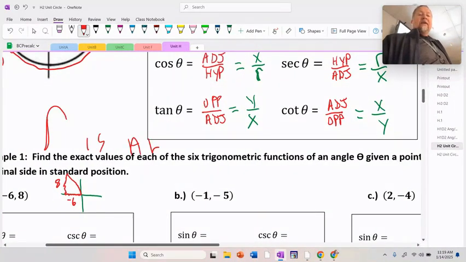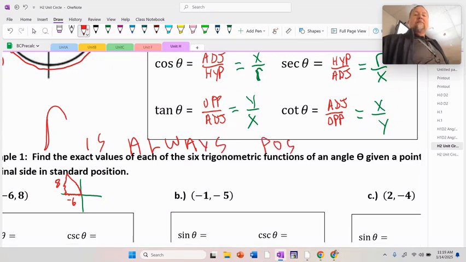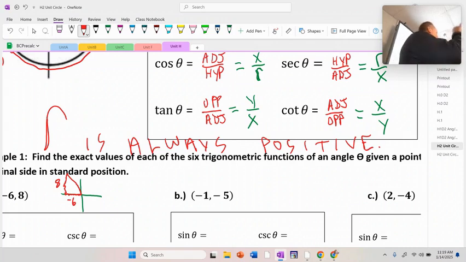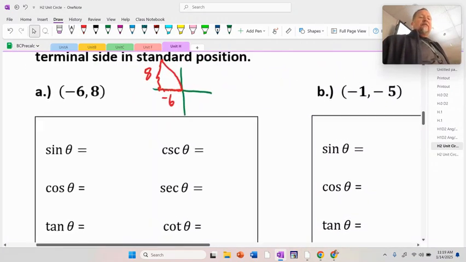R is just the distance back to the origin. X and Y can be negative depending on what quadrant you're in. It identifies what quadrant you're in. So negative, negative, that means you're in quadrant 3. It's locations. It's really the only meaning between X and Y being positive and negative.